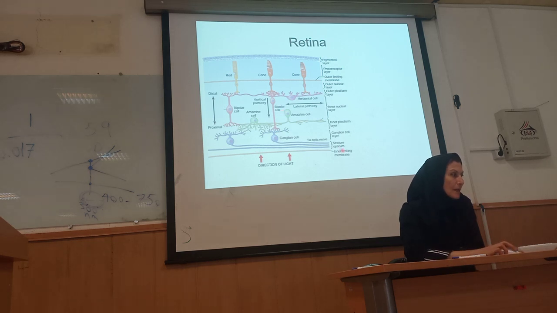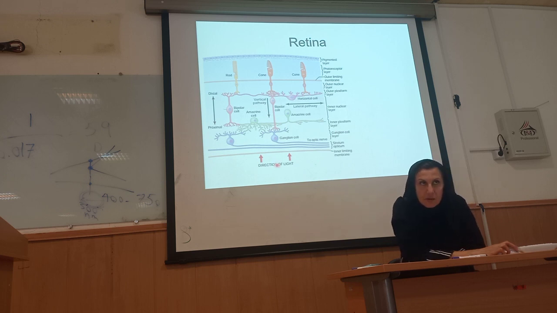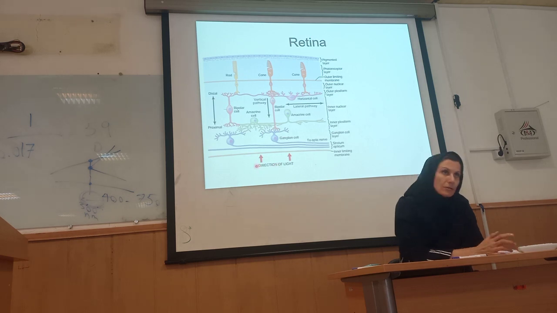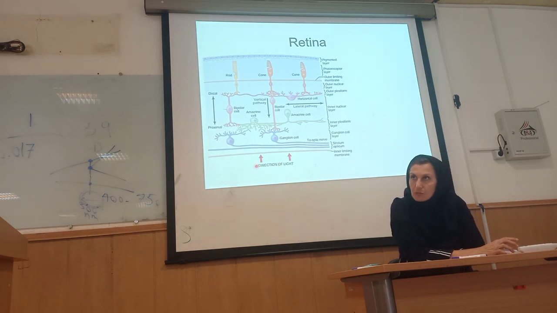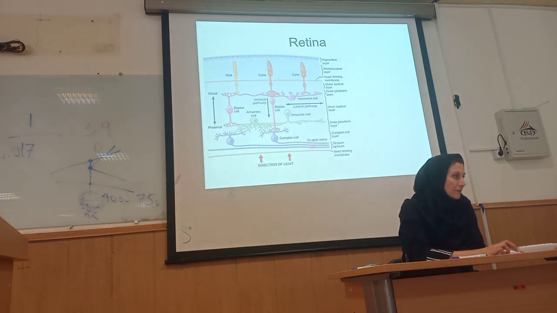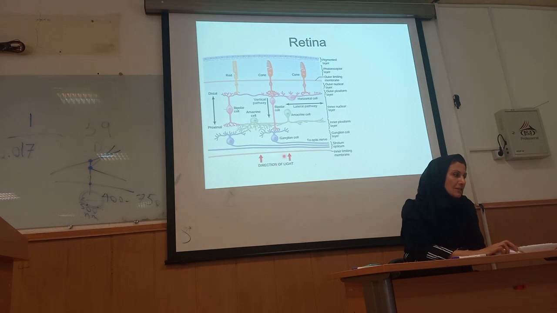As you know, the first cells that respond to the light are the photoreceptors, rods and cones, both. But pay attention, this is the direction of light.